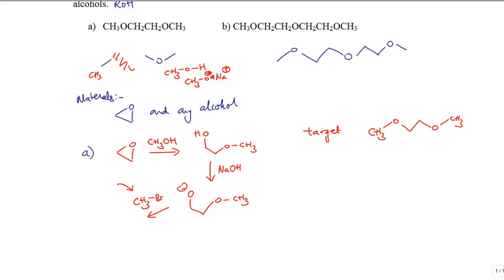And how can I get that? Well, I can use methanol, and then I can convert it to the bromide. Okay, so here's my second ether linkage, and there it is. There's my target.